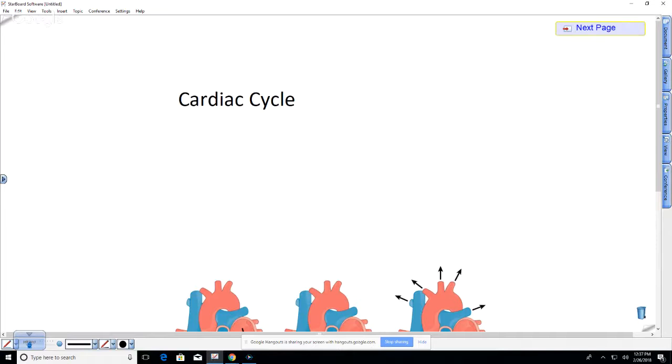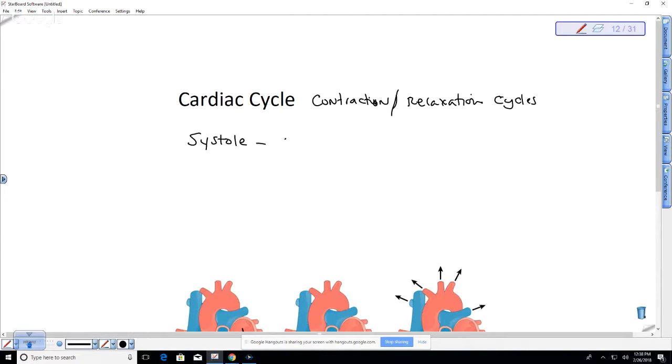Okay, so this is not in your diagram, but we're going to talk about the cardiac cycle. The cardiac cycle is the periods of contraction and relaxation. So you know these words as they relate to arterial blood pressure. Systole actually means contraction.